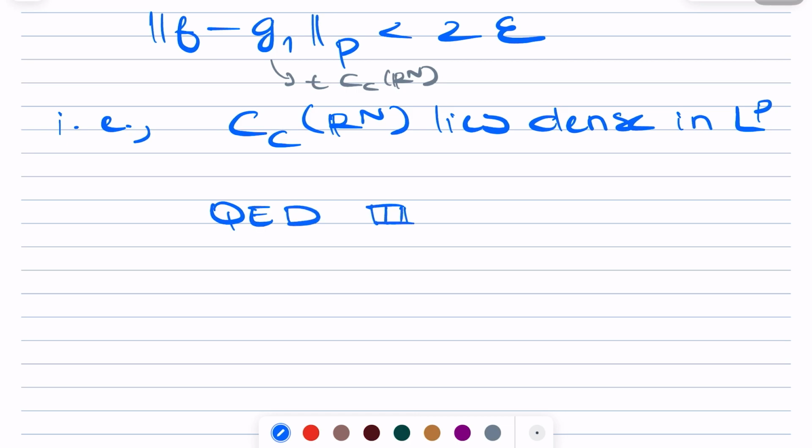So okay, now before talking about studying the separability of L^p, let's have a definition.